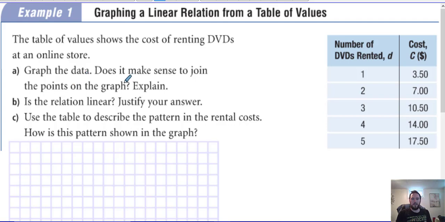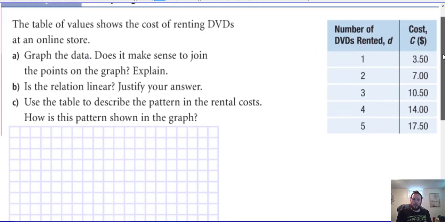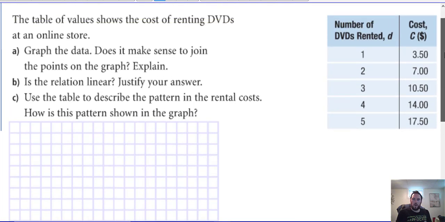So the first thing it asks us to do is graph the data. In order to graph the data, we need to know what my two axes are going to be. So I have a y-axis and an x-axis, and I need to know where they're supposed to go. When I'm thinking about this data, usually if I'm renting something or paying for something, the number of things, in this case the number of DVDs, is my independent variable.